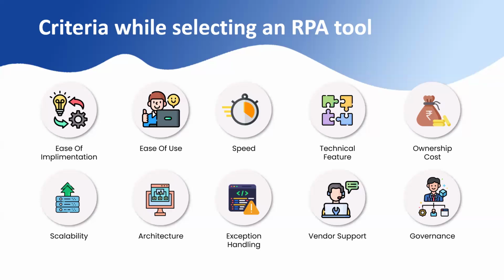Then we should have vendor support. Vendor support means once you get the tool, it should not be that you got the tool and now nobody is there to help you out. If you are getting an error with your bot, or some problem in your process, or you need help in your project, there should be people who are ready to help you.